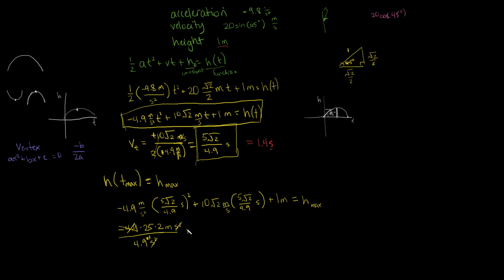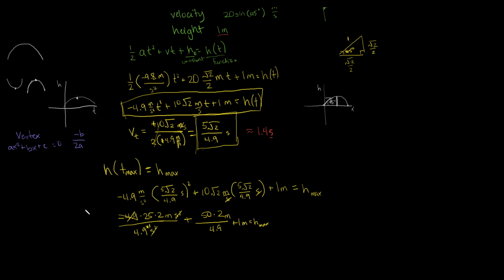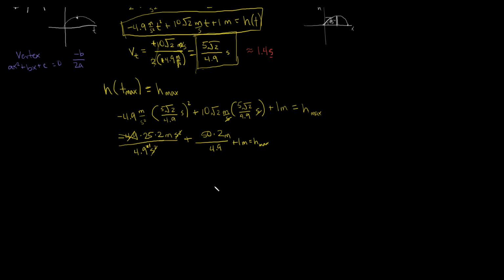And then here we add on our second term. We get 5 root 2. Well, 5 times 10 is 50. Root 2 times root 2, as we know, is 2, and the seconds cancel out. So we get divided by 4.9 meters plus 1 meter equals h max. Let's give ourselves a little more room.